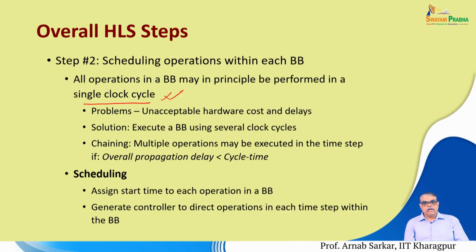Because it is only a data flow, we can have it using only combinational circuits, and all operations within the basic block can be executed in the same clock cycle. Control will flow in at the beginning and data will be processed one after another, and then control will flow out of the basic block. All the operations can be done one after another, obviously in different functional units, within the same clock cycle.